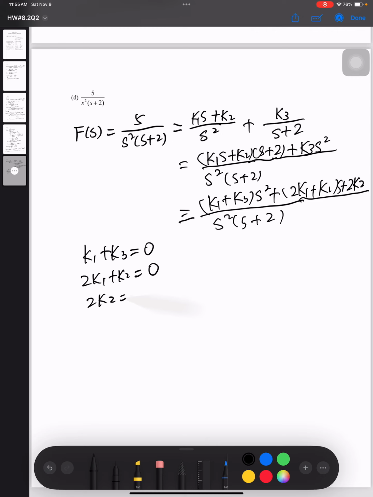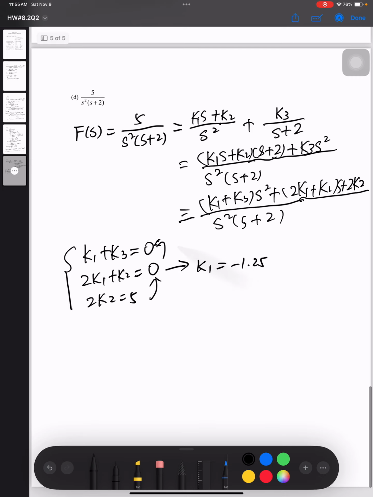Using these three equations, we get k2 equals 2.5, and k1 equals minus 1.25. Then we put k1 in here, and we calculate k3 equals 1.25.